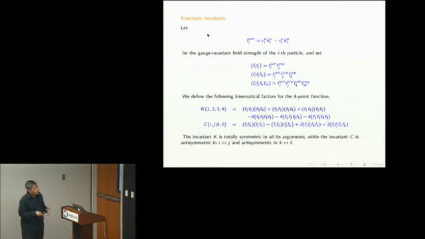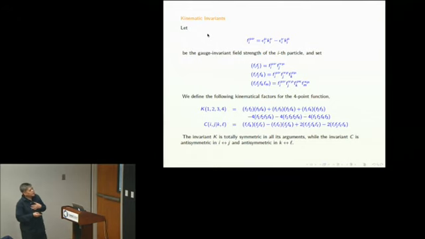Now, because the thing is a little bit messy, it's very important, and physically also important, to organize these into kinematic invariants. A vertex operator depends on momentum as well as polarization vector. So one defines this F_i mu nu, which is the field strength of the ith particle. Then one forms various invariants obtained by contracting these in a cyclic manner over all the indices.